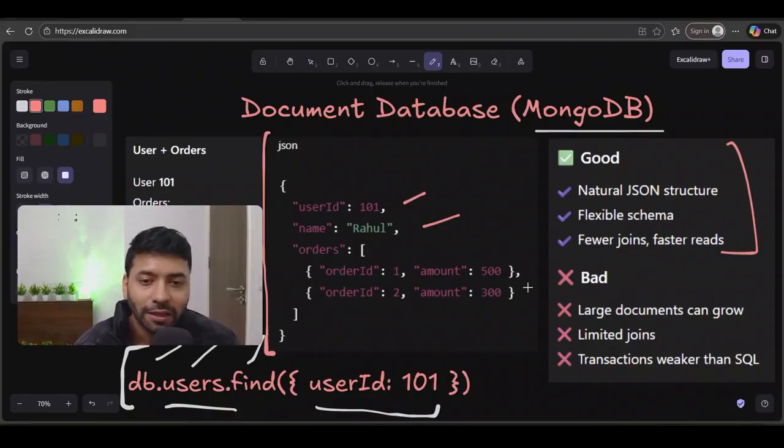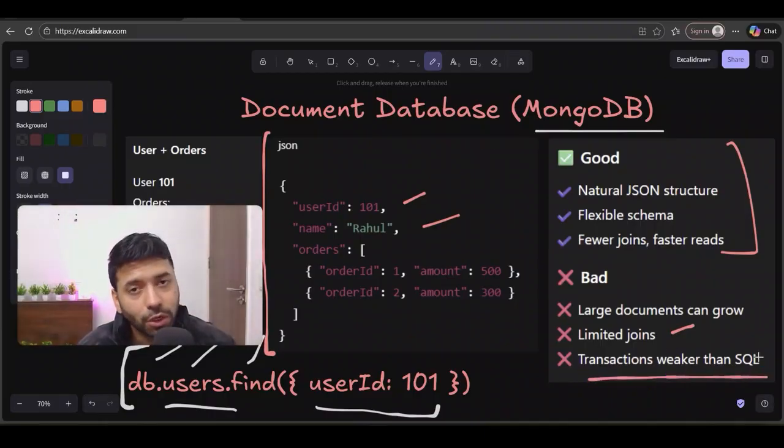Okay, and then another issue with it is, although it supports the joins, the joins are quite limited and weak in document database. So yeah, of course, as compared to key value database, it's better because at least it provides the support for joins. In key value database, you don't have any support for joins. But when we talk in comparison to SQL, we have limited or weak joins in document database. Similarly, the transactions are weaker as compared to SQL.